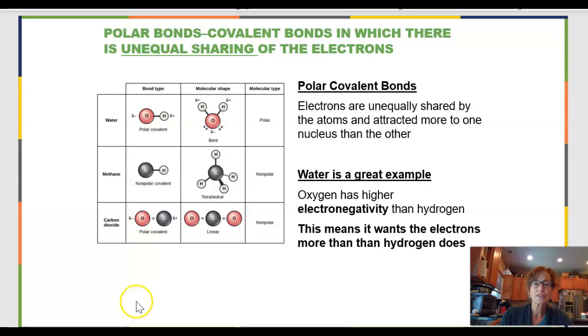So polar bonds are ones that have an unequal sharing of the electrons, and nonpolar are those which don't. We have some examples here of polar covalent bonds, and water is a great example, because oxygen in a water molecule has a stronger pull on electrons, so the electrons tend to hang out closer to the oxygen than they do the hydrogen. So that's the polar covalent.